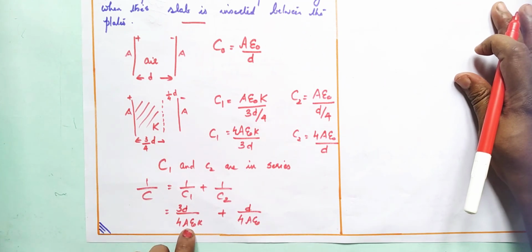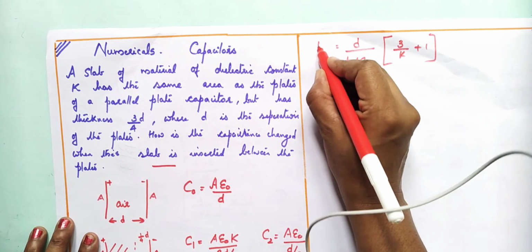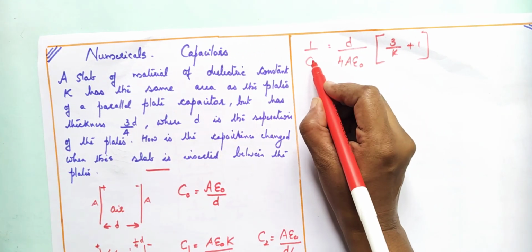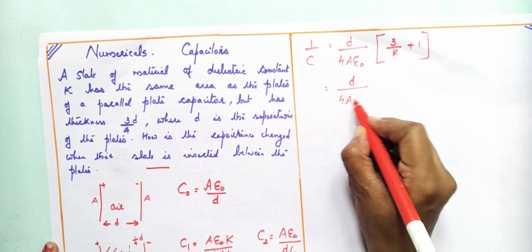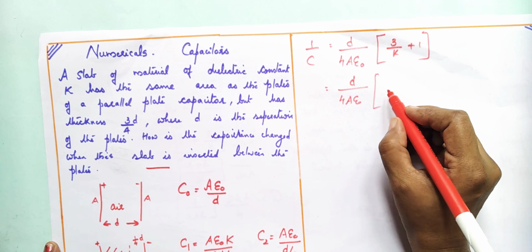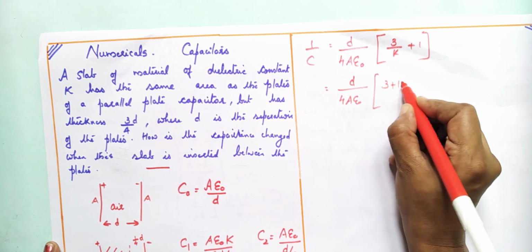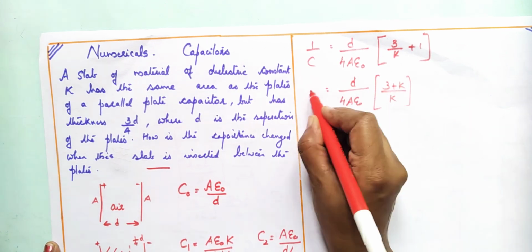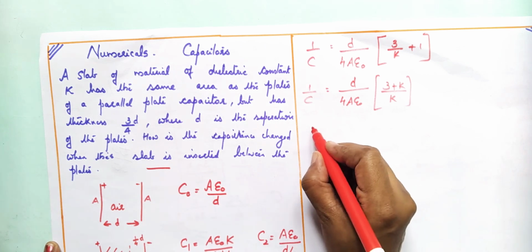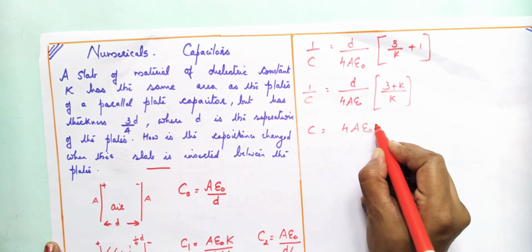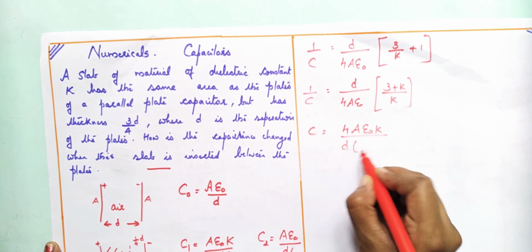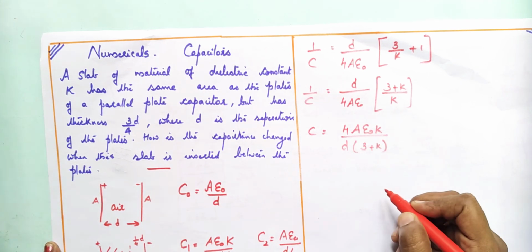Okay, D divided by 4A epsilon 0 taken outside, 3 by K plus 1. That is equal to 1 by C. Is equal to D divided by 4A epsilon 0 into, we can take the LCM, 3 plus K divided by K, equal to 1 by C. Or the equivalent capacitance C is 4A epsilon 0 K divided by D into 3 plus K.